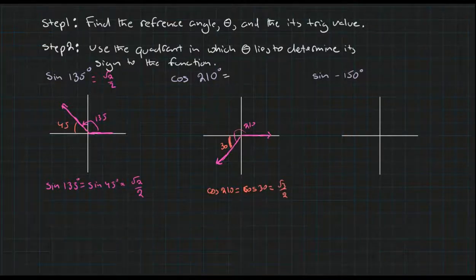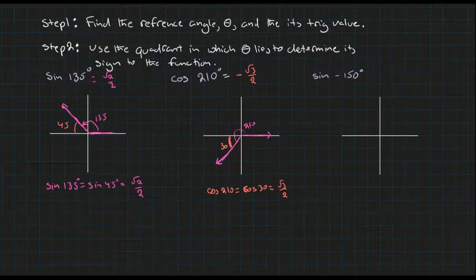So that is going to be the same as 210. So square root of 3 over 2, except we have to be careful. This is sitting in the third quadrant, and cosine is negative over here. So it is going to be negative root 3 over 2. So that's how we can evaluate these trig functions.